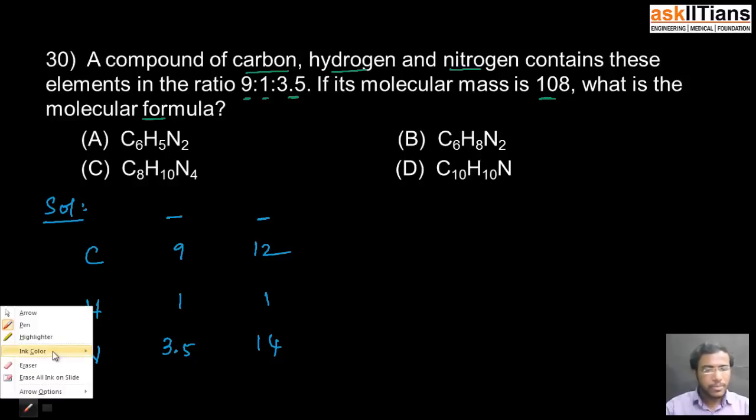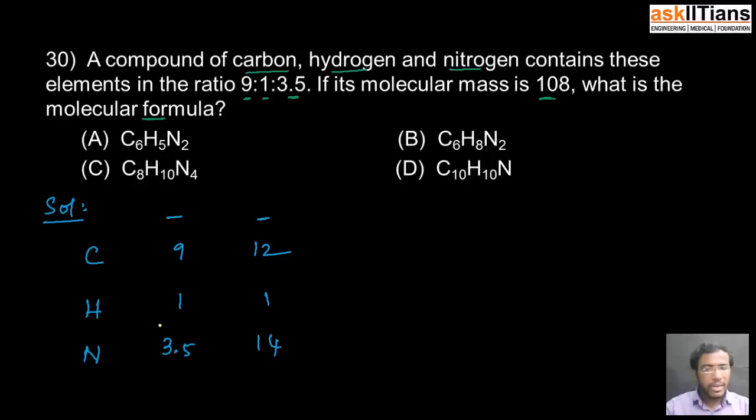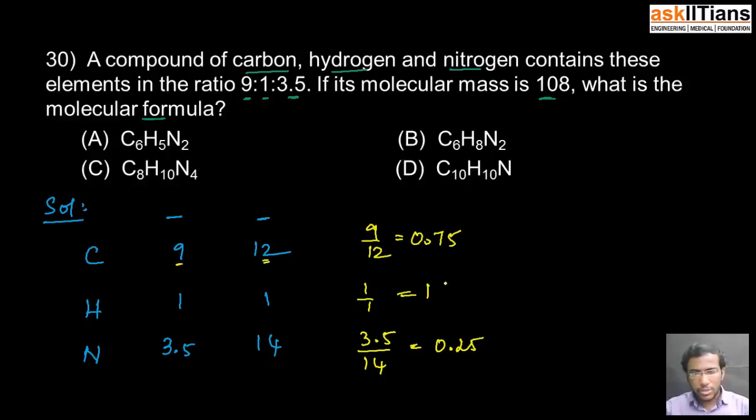And if you divide this by this one, so 9 by 12, 1 by 1, 3.5 by 14. 9 by 12 comes how much? 9 by 12 is 3 by 4, 0.75, and this is 1, and this comes around 0.25. So let's find the simplest ratio.